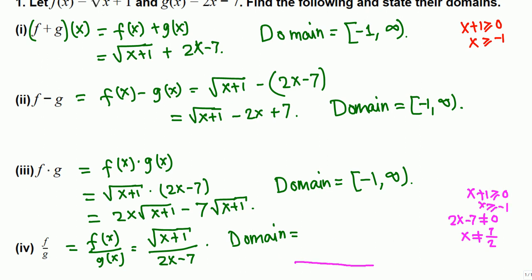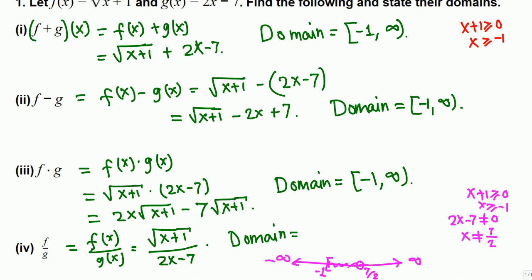So if I try to draw number line, then the domain for this function will be x bigger than or equal to -1. So -1 and bigger all the way, and 7/2, that's 3.5, and should not be 3.5, 7/2.